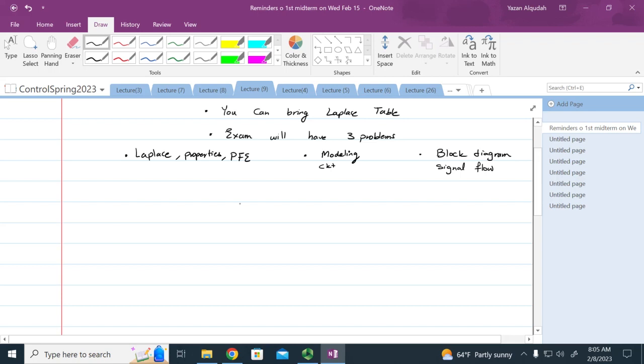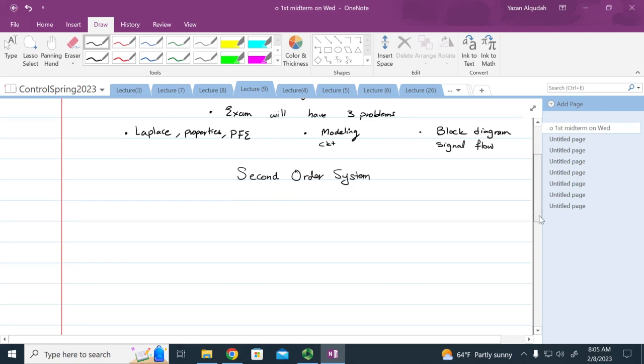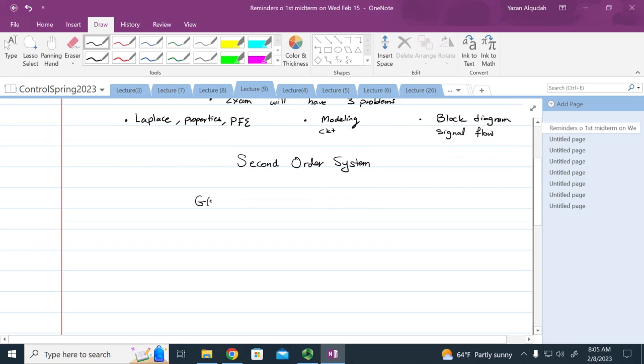Okay. So in the previous class, we started the discussion of second order systems. And we said the transfer function of the second order system that we're going to consider has this format: omega n squared over s squared plus 2 zeta omega n s plus omega n squared.